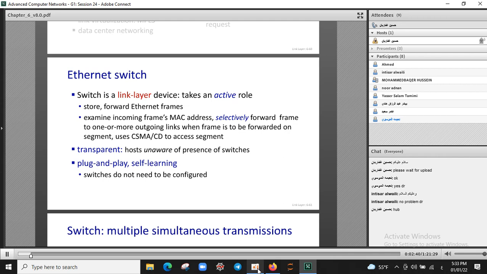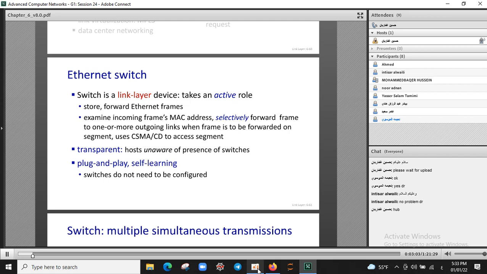It means that the hub will broadcast the received data to all other ports, excluding only the receiving port.